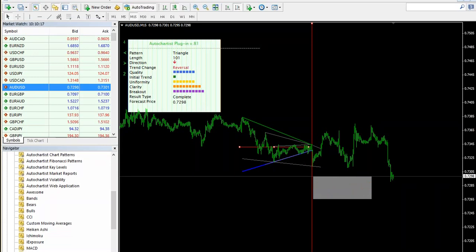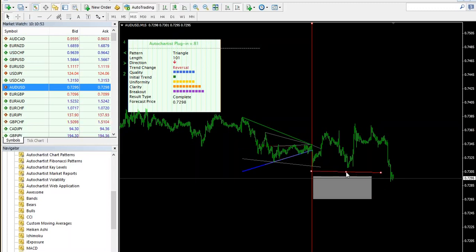Now, the forecast region, first of all, it's a price target. And second of all, it doesn't last forever. As you can see that this gray box is only a certain amount of candles long. And how Autochartist measures the forecast region, what it does is it will take the pattern and it'll take the length of the pattern. So that's how many candles were created inside that pattern. So if I take this and I draw across here to about the pattern length, you can see that it actually used about 100 candles to create that pattern.